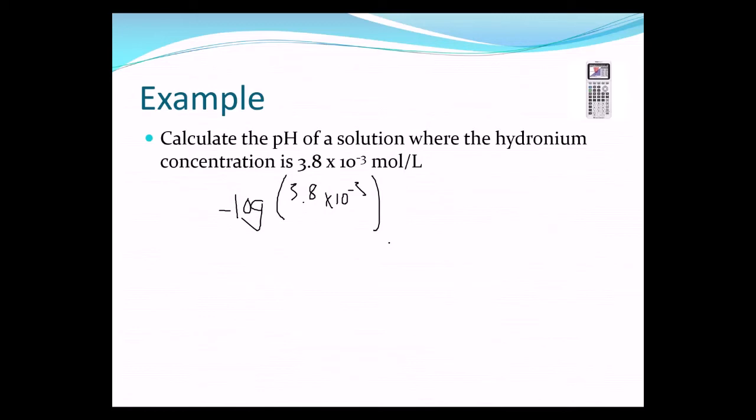I'm doing this at home, and I don't have my on-screen calculator. I'll get that program installed in a little bit. So you'll have to work it out with your calculator, but type in a negative, don't type in minus, then log, and then 3.8 times 10 to the negative 3. If you did everything right, your calculator should tell you 2.42.